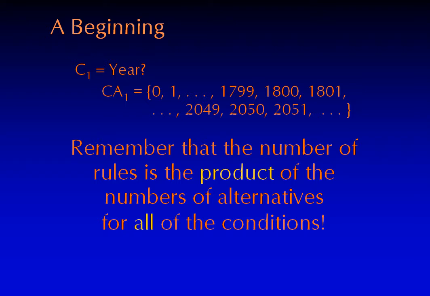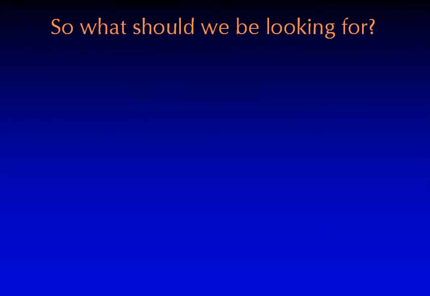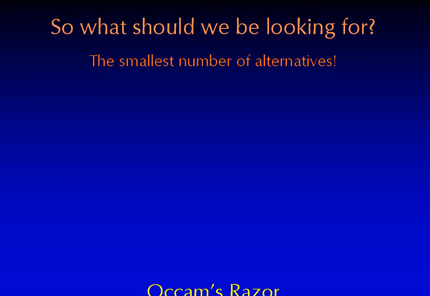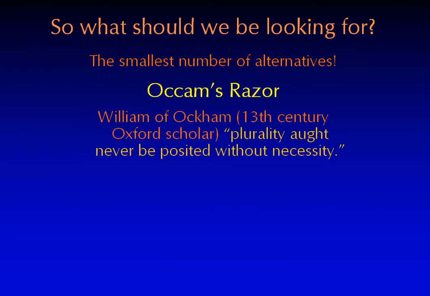So what should we be looking for? A smaller set of alternatives as possible for each of the conditions. In this way we will minimize the number of rules that we will have to deal with. William of Ockham, a 13th century scholar, understood this well and introduced us to the so-called Occam's razor.